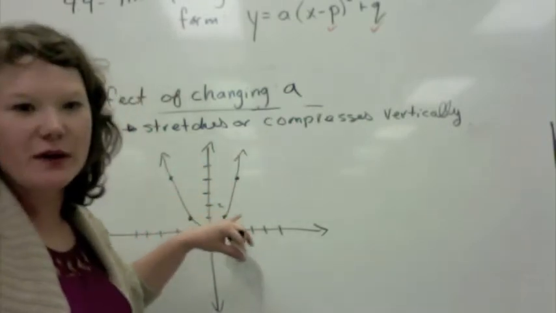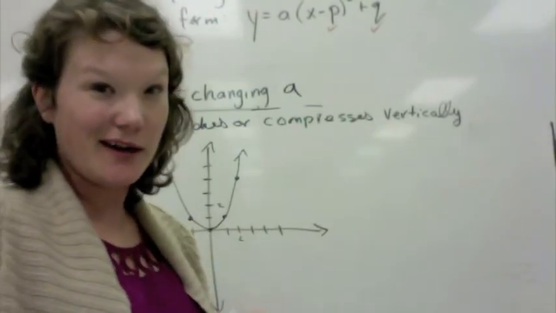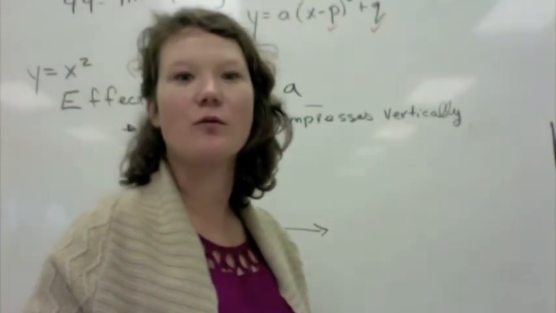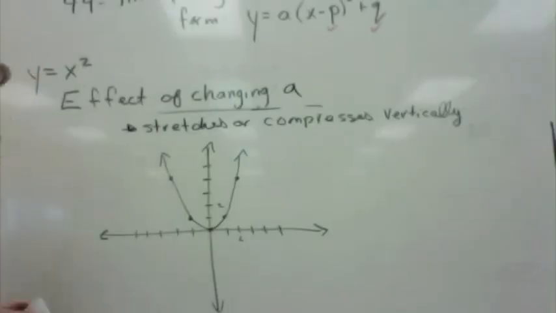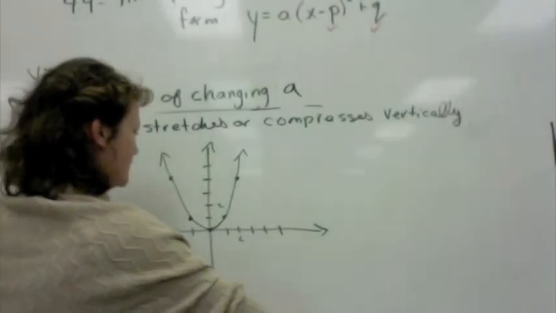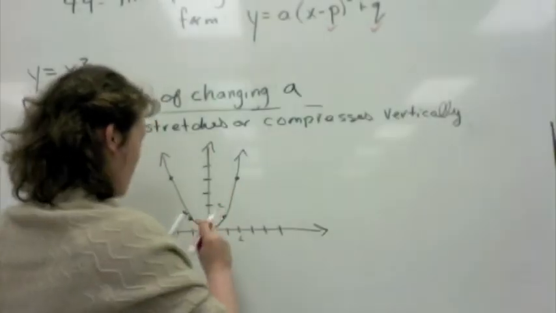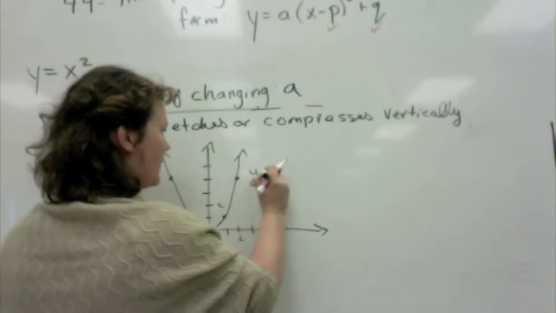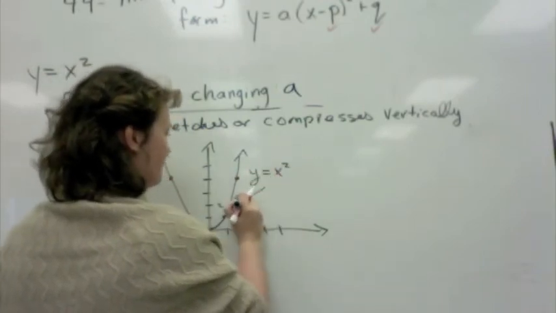This you should be doing as fast as I am. So if you're not doing it as fast as I am, just come and talk to me and we'll get you there. So if I were to say something like, oh, I gotta label that, y equals x squared.